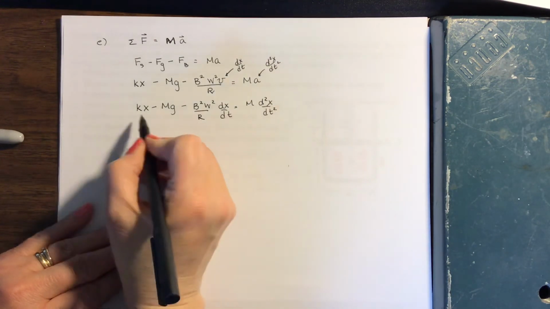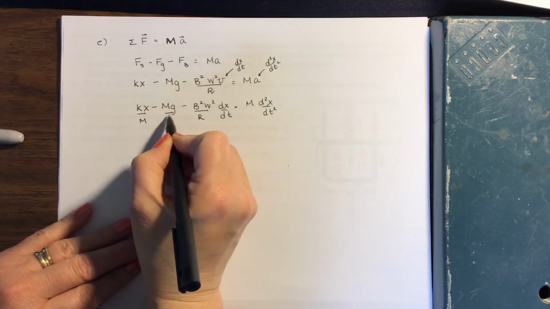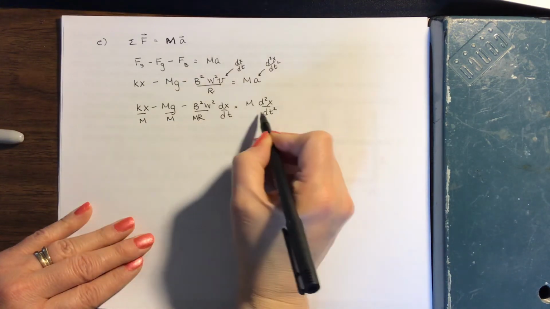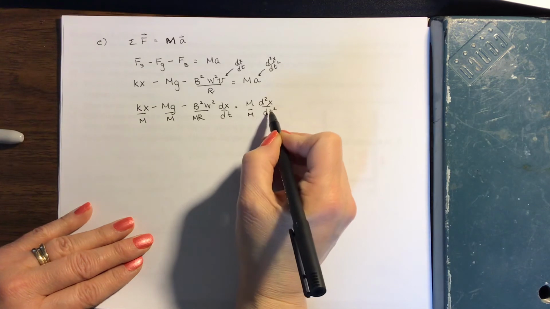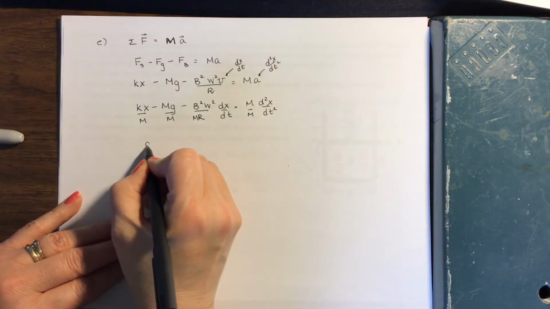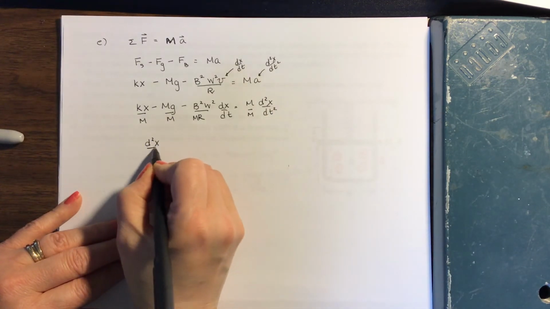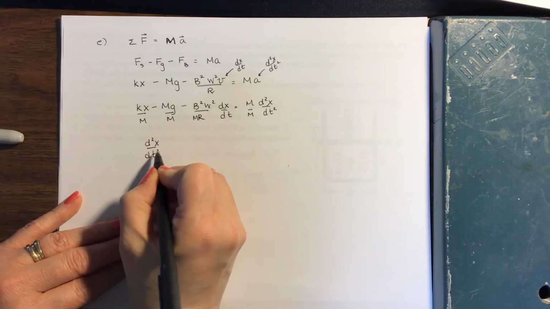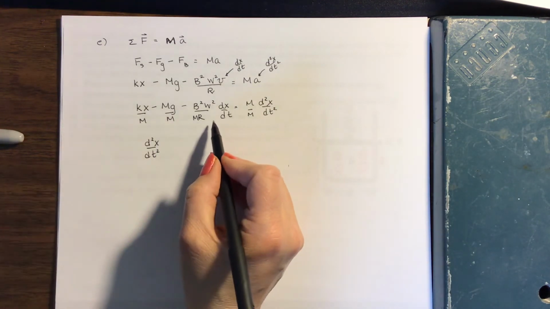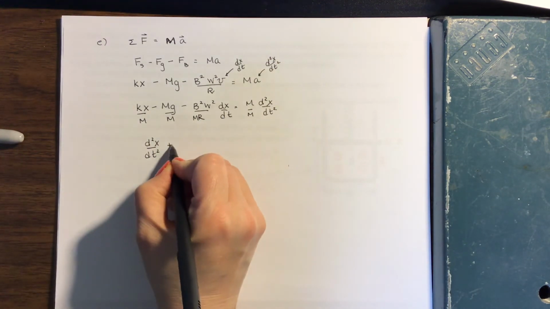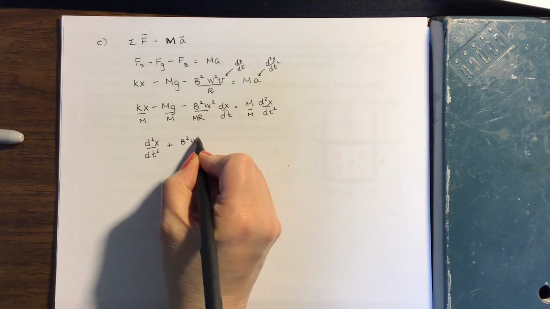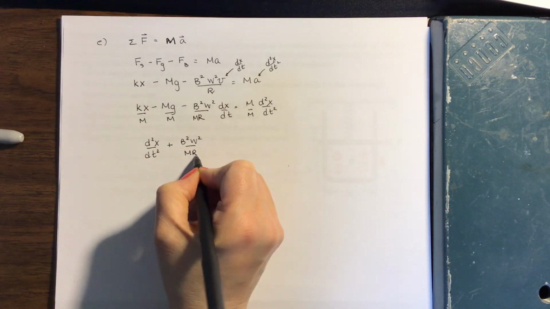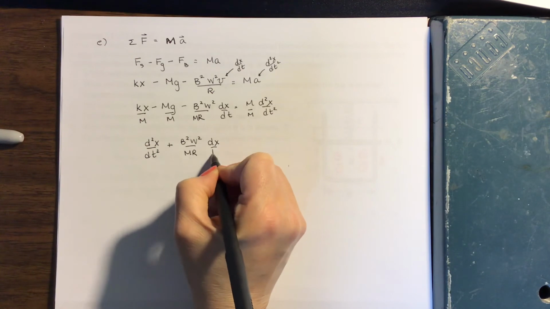Okay, I think now I'm going to divide all terms by m. And I'm going to get everything on the one side of the equation. So my second derivative of position with respect to time, and now I add on this term plus b squared w squared over m times r dx by dt.